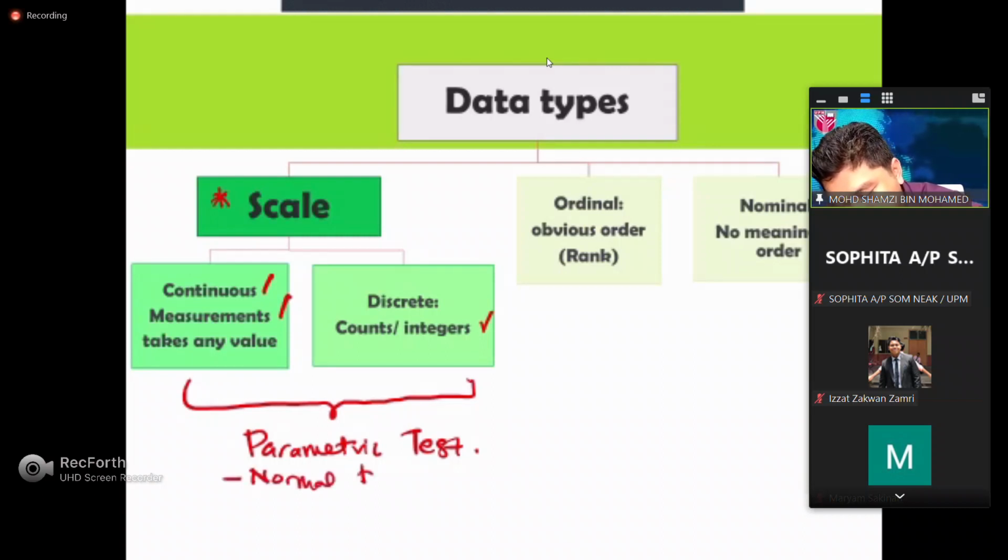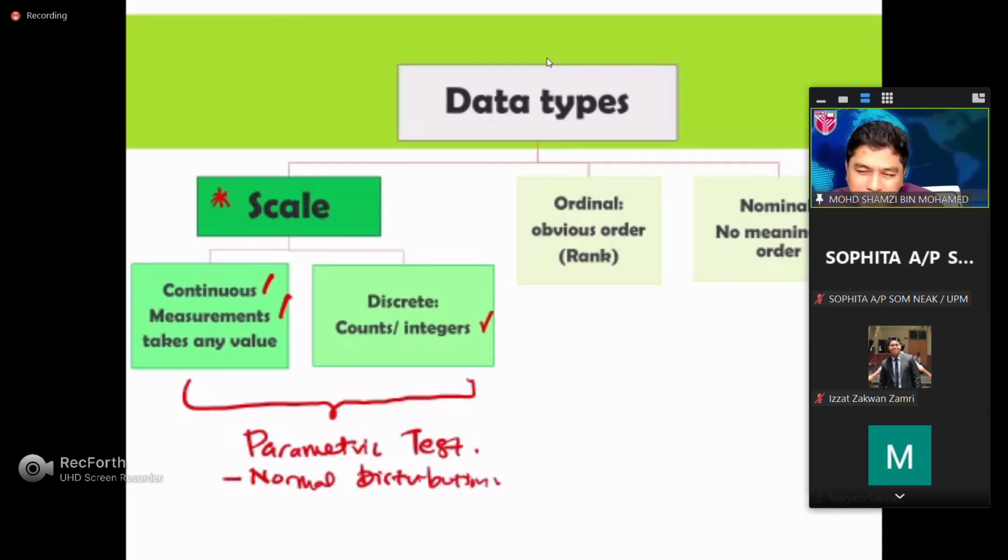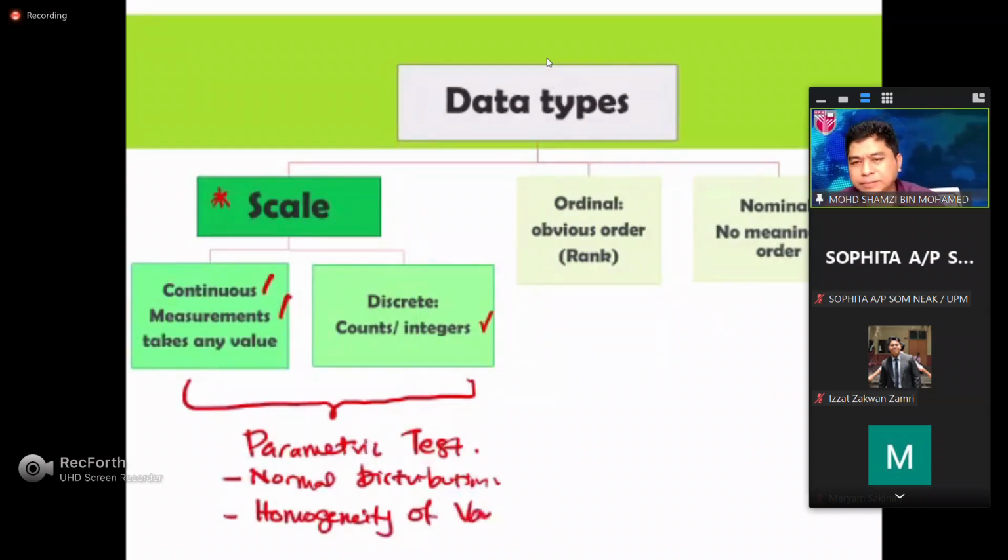How you check the normality has already been touched on in test 1. You see your QQ plot. Is it a straight line? Is your experimental point aligned with the 45-degree line in the QQ plot? Is the variance equal? So one is that it follows normal distribution, and then homogeneity of variance.